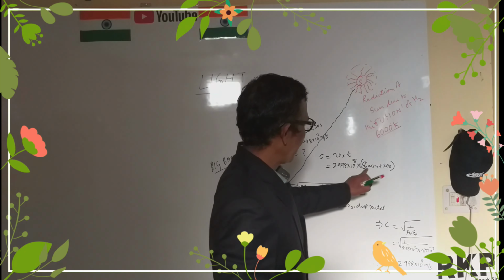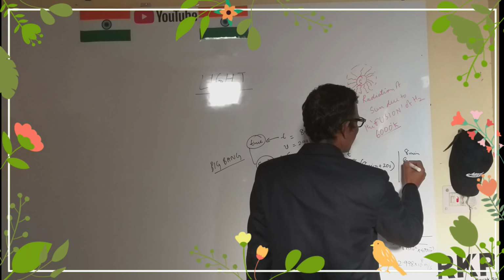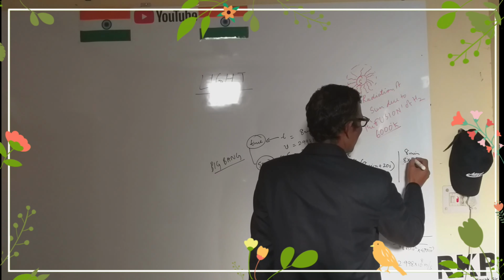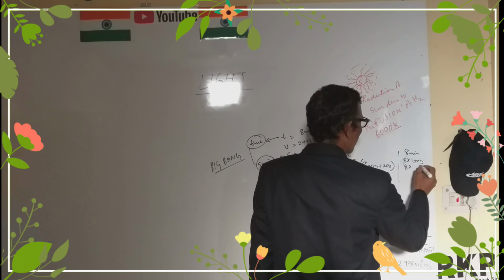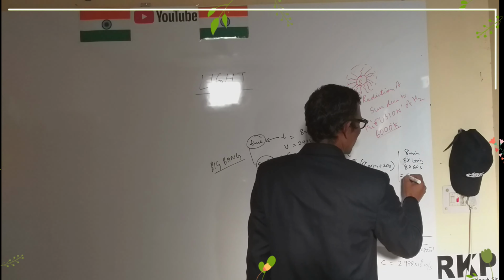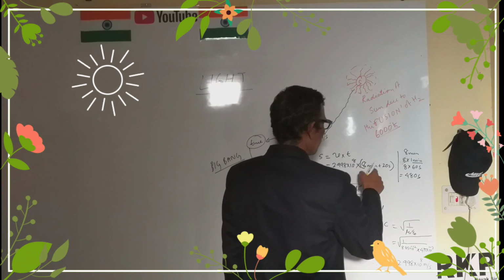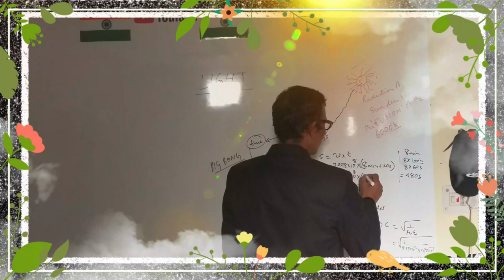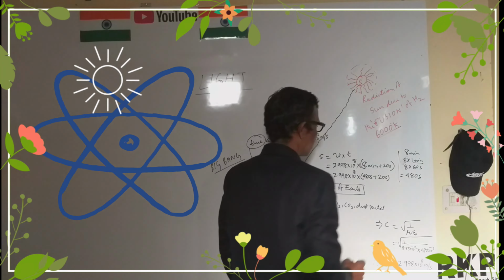We convert 8 minutes into seconds: 8 into 60 seconds, that is 480 seconds. Now we put here 2.998 into 10 to the power 8 into 480 seconds plus 20 seconds.